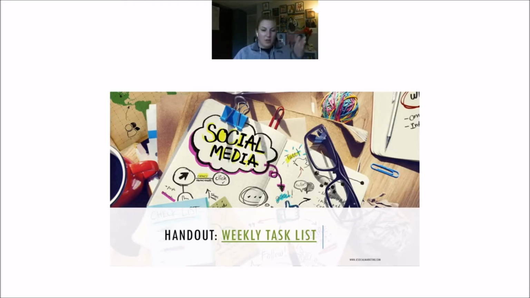It's all based on what we talked about in the slides. It's based on the 4 pillars: research and listening, content creation and curation, community management, and measurement and analysis. It's going to give you those recommended tasks that you should do every week if you are in charge of your nonprofit social media.